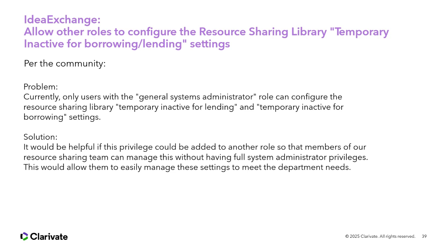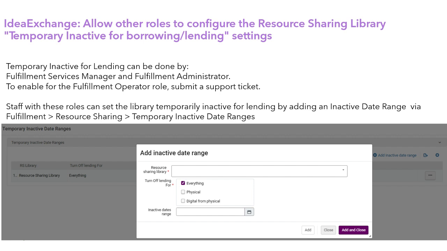Largely, there was difficulty in defining a library as temporarily inactive due to the user roles required, and the libraries were finding that the user roles required were not often user roles that the staff would have that would need to perform this function. So this development enabled additional roles to support libraries in setting their library to temporarily inactive.